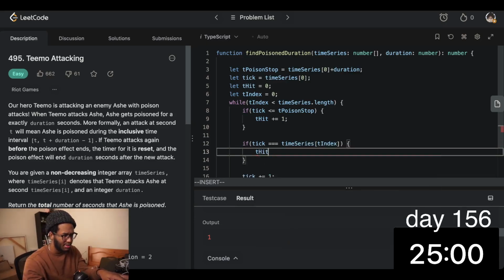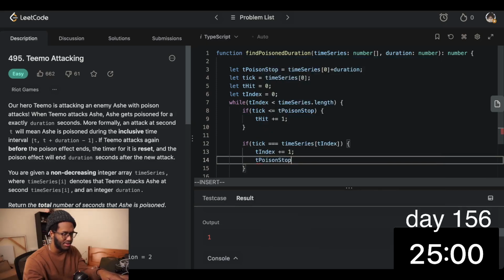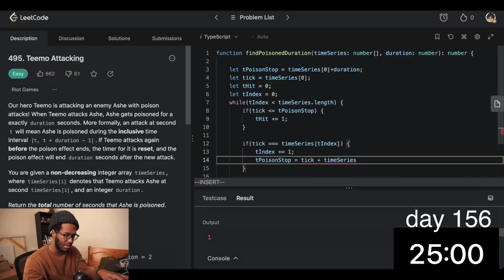Say T index plus equals 1. T poison stop should be equal to tick plus time series. Oh no, yeah, tick plus duration.